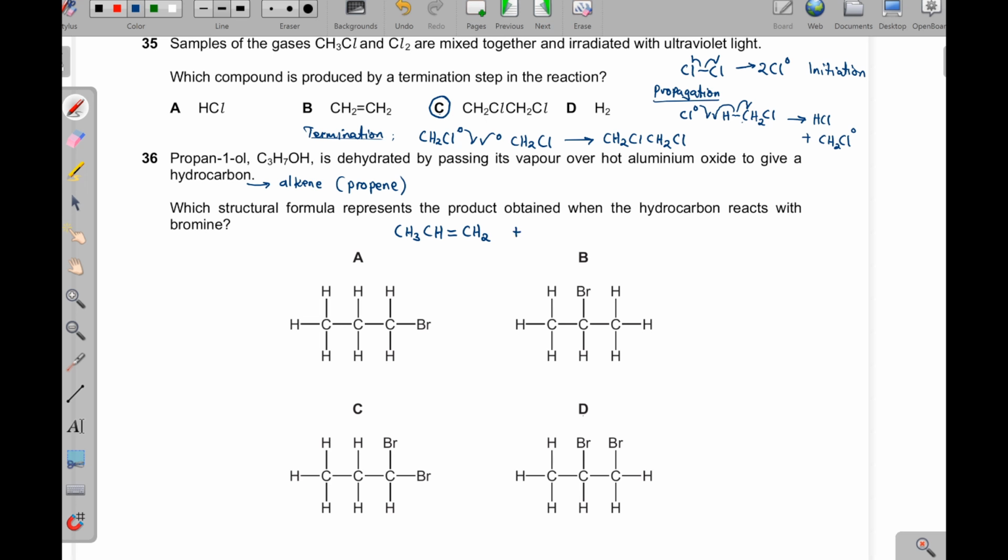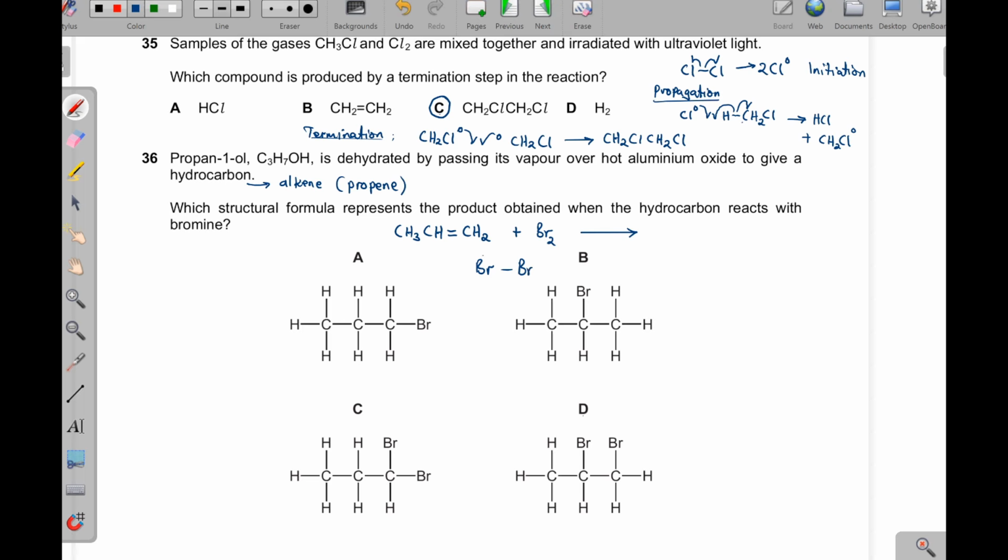Then you add bromine. So when you add bromine, this is what we call electrophilic addition. Because you have bromine and bromine here.